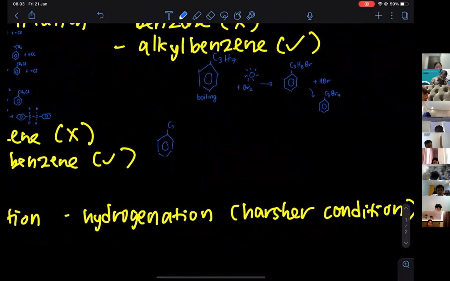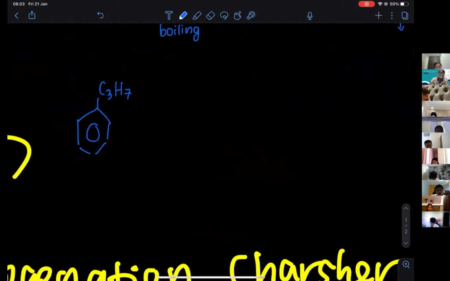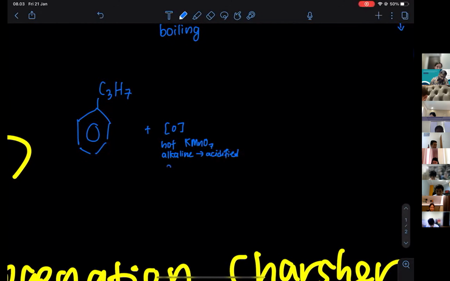So let's use C3H7. I am going to oxidize it with what? This is important: it must be hot KMnO4, hot potassium manganate, alkaline first, then acidified with dilute H2SO4.